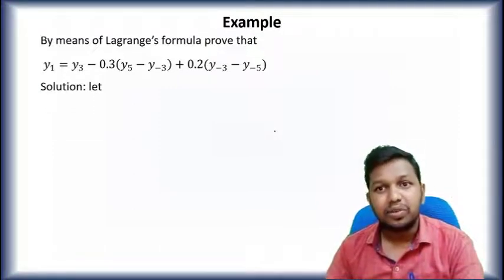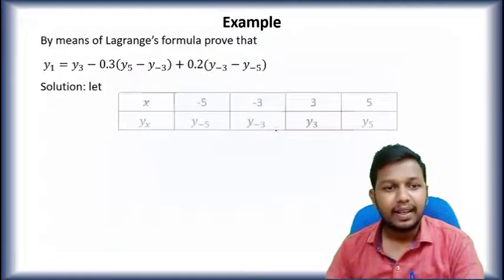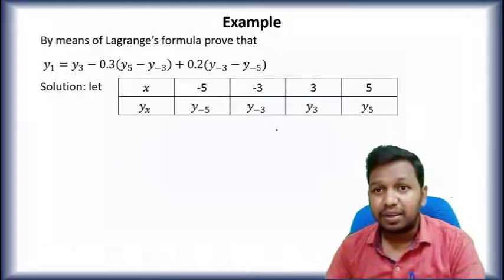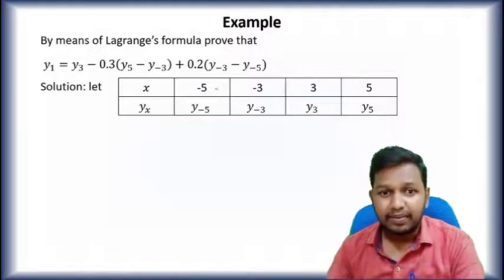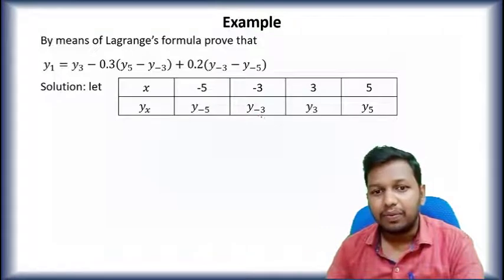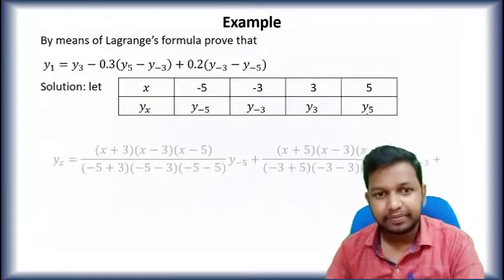Let's see the solution for this problem. Let us consider a table. The argument values are minus 5, minus 3, 3 and 5, and the corresponding functional values are y minus 5, y minus 3, y3 and y5.